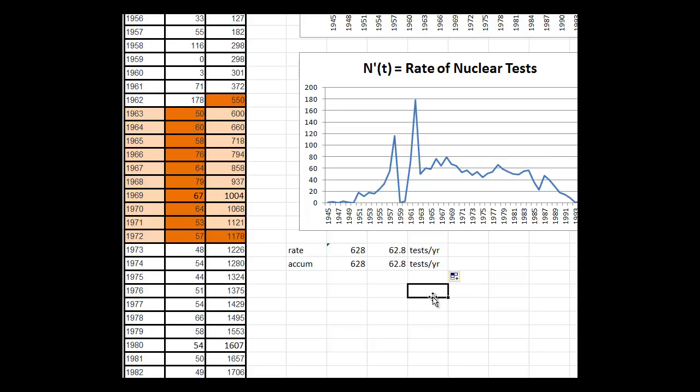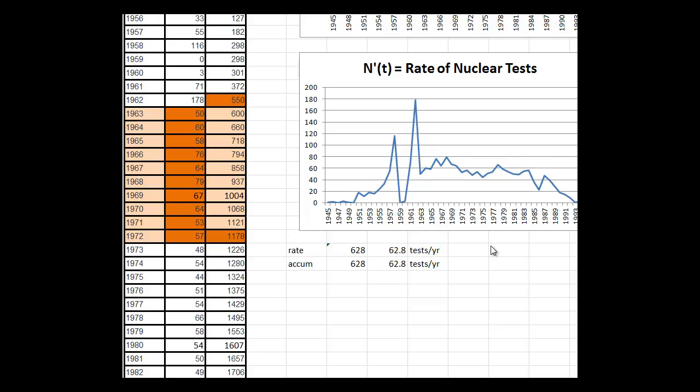So we know how that works now, and the difference is if we have the rates data, we do a straight average. We add them all up, we divide by the number. In the accumulation column, what we do is take the last one minus our base, which is the one before the first one, and we divide by the number of years. And that, in mathematical terms, looks like a slope formula. That's what we'll look at next.